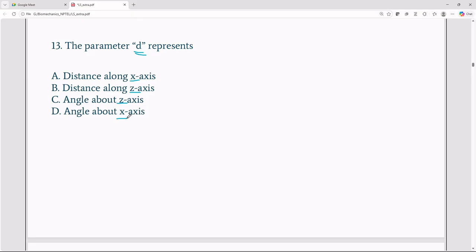What does the parameter D represent in DH parameters? Option A, distance along x axis. Option B, distance along z axis. Option C, angle about z axis. Option D, angle about x axis.